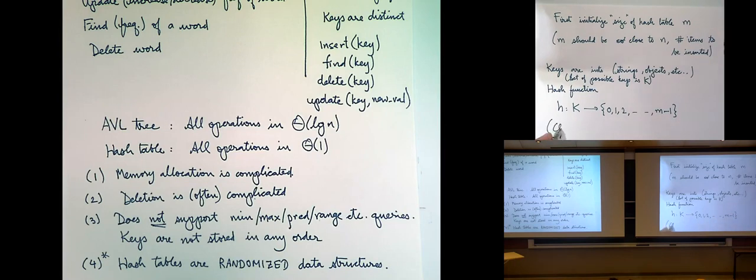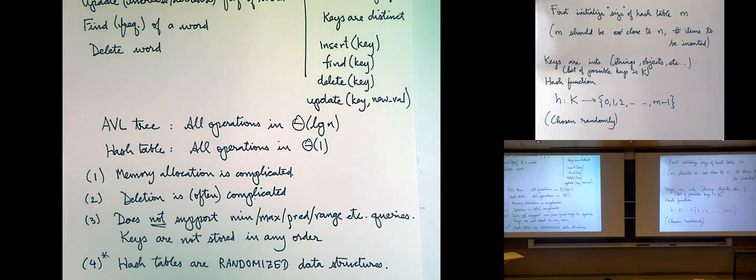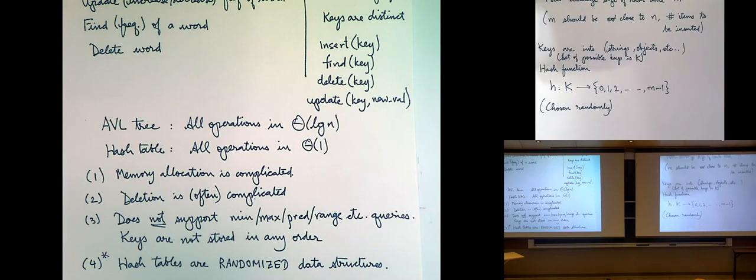This is chosen randomly. To give you an example of a hash function, which is a bad hash function, but it's still a valid hash function, you just use the mod function. So you could say that h of x is equal to ax plus b mod m, where a and b are chosen randomly.